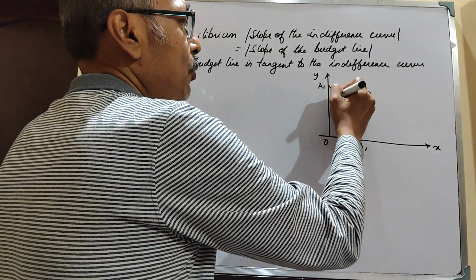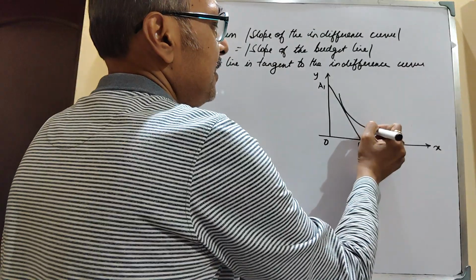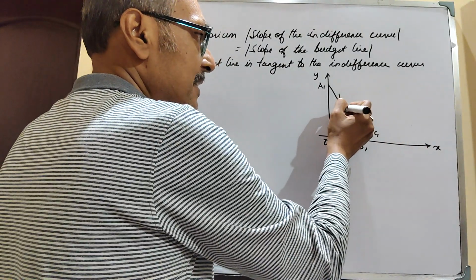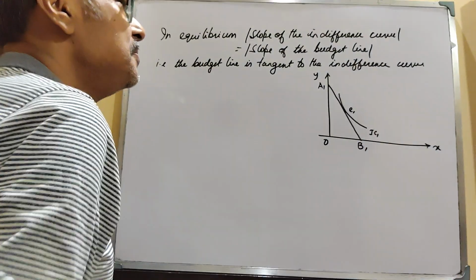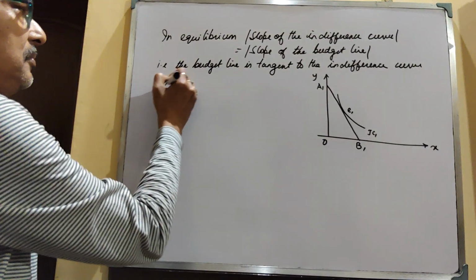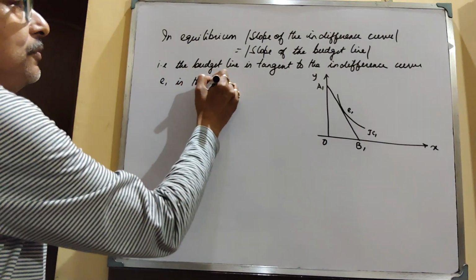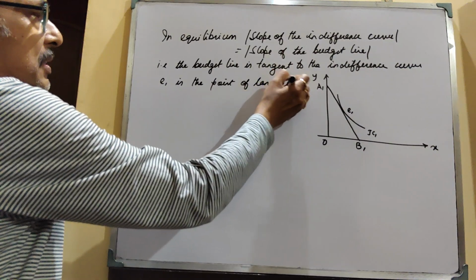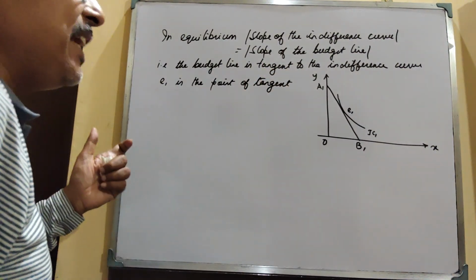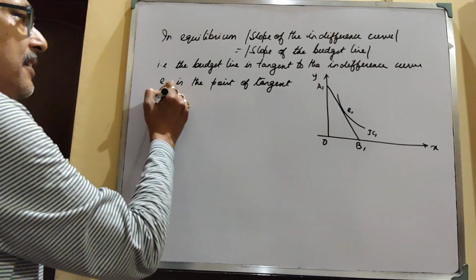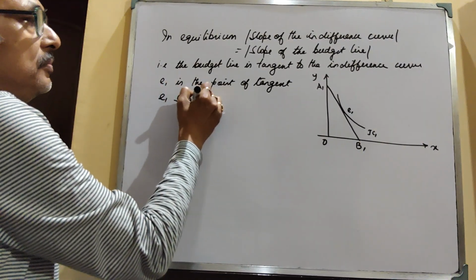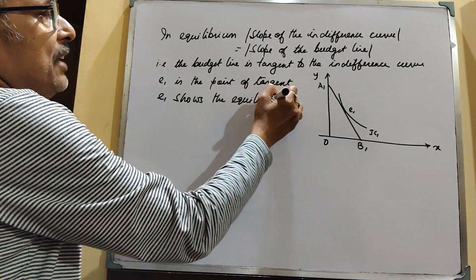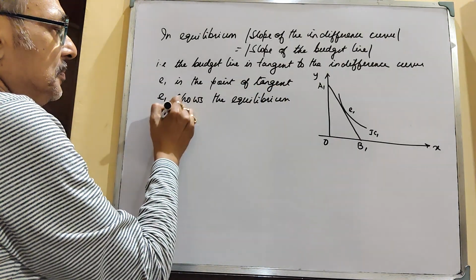And this is the point of tangency with the indifference curve, which I denote by IC1, and E1 is the point of tangency. E1 shows the equilibrium commodity bundle.